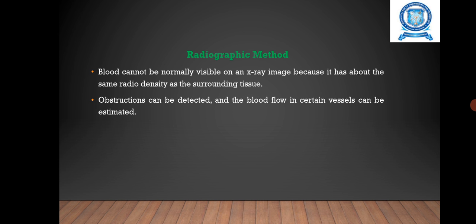Obstructions can be detected and the blood flow in certain blood vessels can be estimated. This technique is known as video angiography. It can also be used to assess the extent of damage after a stroke or heart attack.